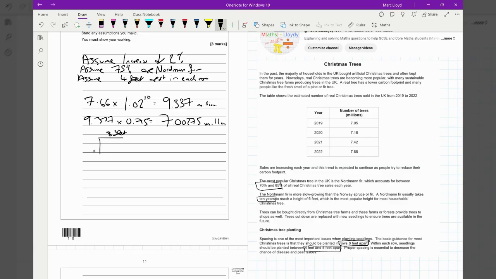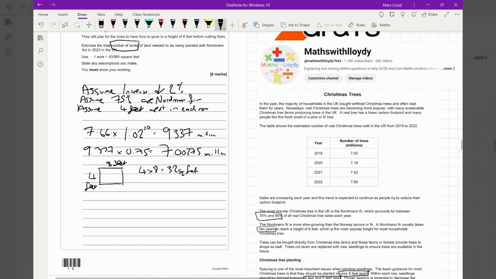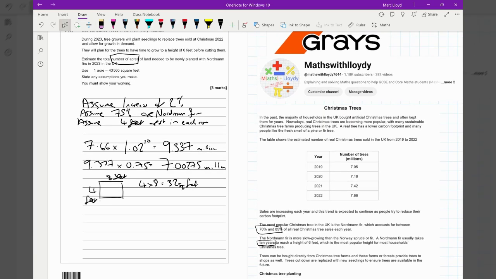So that's 4 feet by 8 feet. Next job, 4 times 8 equals 32 square foot, which is lovely. That's per tree.